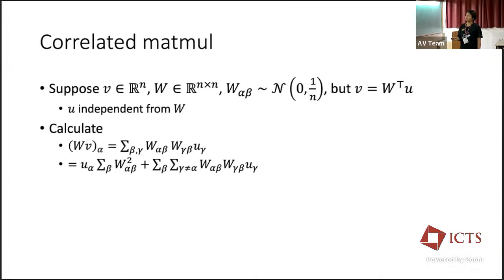Indeed, this is order 1. In fact, this is a sum over IID elements, the sum over beta, and the mean is 1 over n by definition.